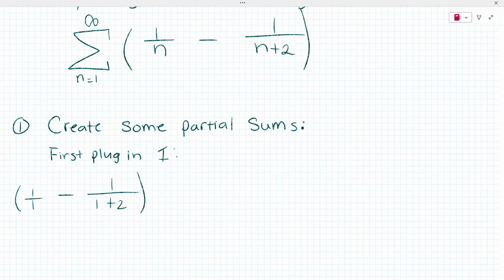And then I'm going to plug in 2, and I'm going to continue this process until stuff cancels, and then see whatever is left over.